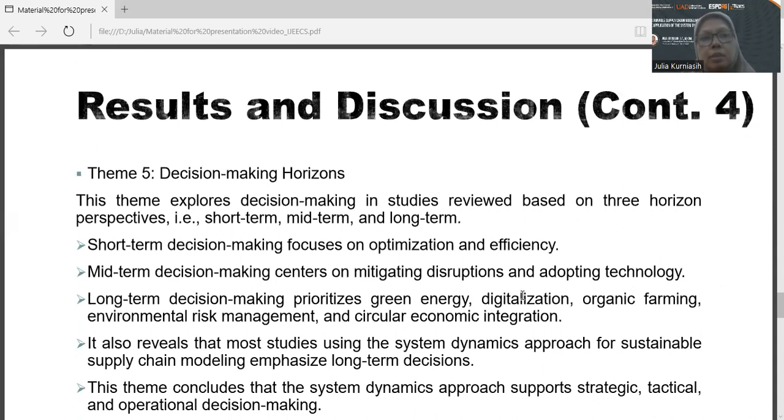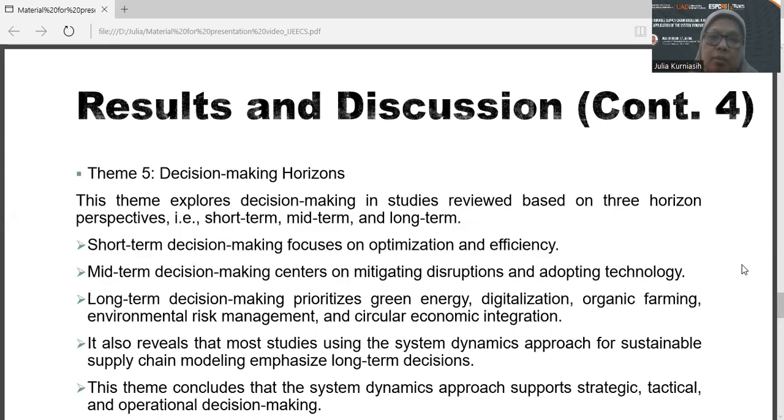The last theme, theme 5, is about decision-making horizons. This theme explores decision-making in the studies reviewed based on 3 horizon perspectives: short-term, mid-term, and long-term. Short-term decision-making focuses on optimization and efficiency. Mid-term decision-making centers on mitigating disruption and adapting technology.